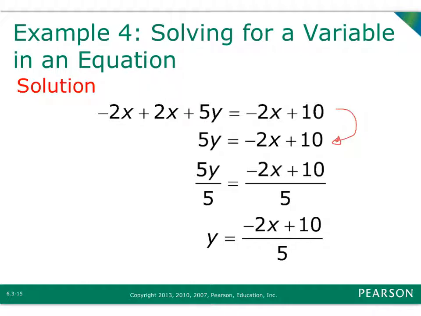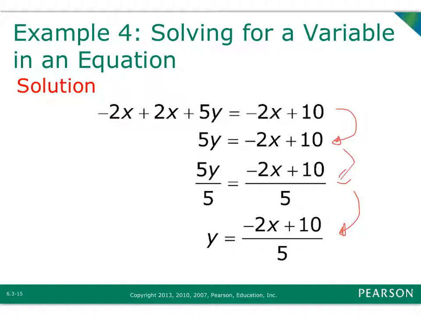Well, we still want to isolate y on one side of the equation. So we divide both sides of the equation by 5 using the principle of equality, and we get y equals negative 2x plus 10, divided by 5. So our equation now looks like this, and we have temporarily solved the problem.